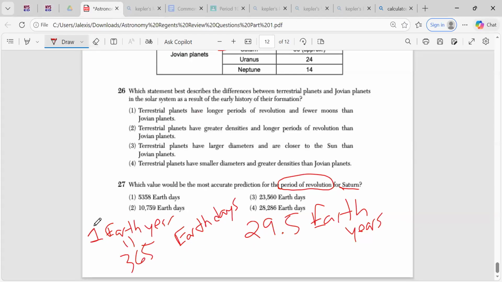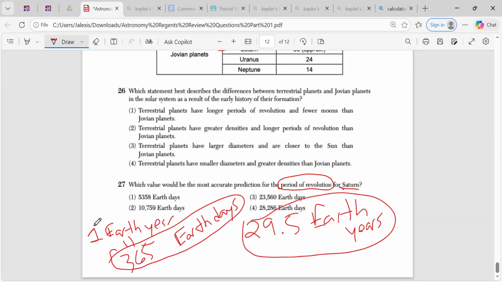So if we know one Earth year is 365 Earth days, and we know that Saturn takes 29.5 Earth years, then we have to multiply 29.5 times 365.